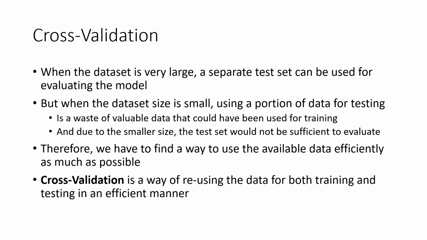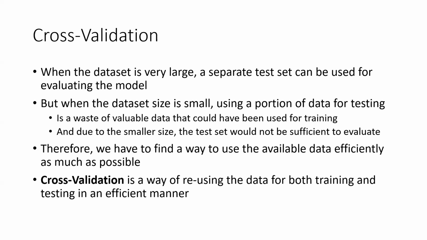However, these things are only possible when the data set is sufficiently large, right? That means if the data set is not sufficiently large, then when you are dividing your data set into at least two sets like training and test sets, the test set would be very small, and because you have dedicated some data points for the test set, you would have a lesser amount of data to be trained, which is another problem, right?